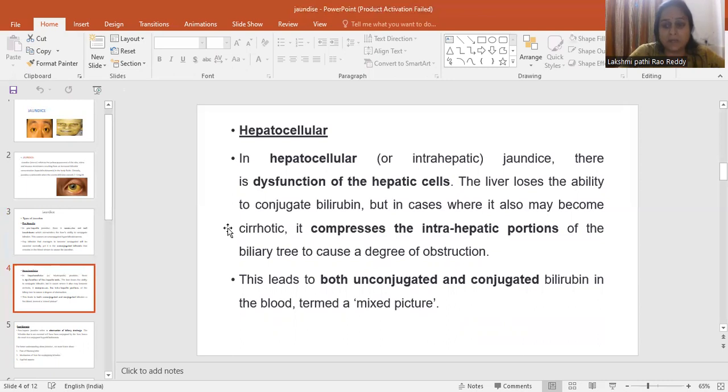The liver loses the ability to conjugate the bilirubin. So there is a problem with the function of the liver, and the condition developed is jaundice, but the problem is at the level of the liver, so it is called intrahepatic or hepatocellular jaundice.